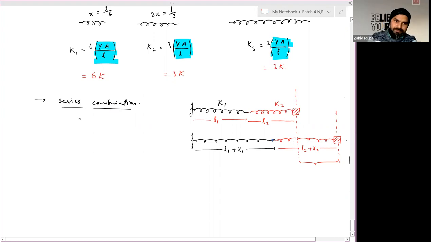So we can say displacement is different for different springs, but force is the same for both. So we can write net displacement equals displacement in first plus displacement in second.